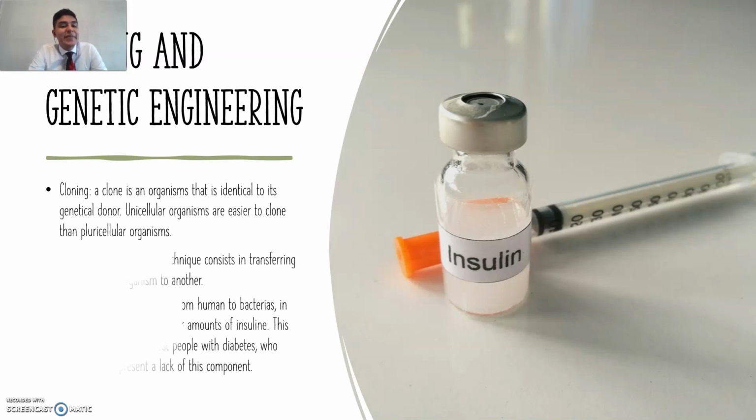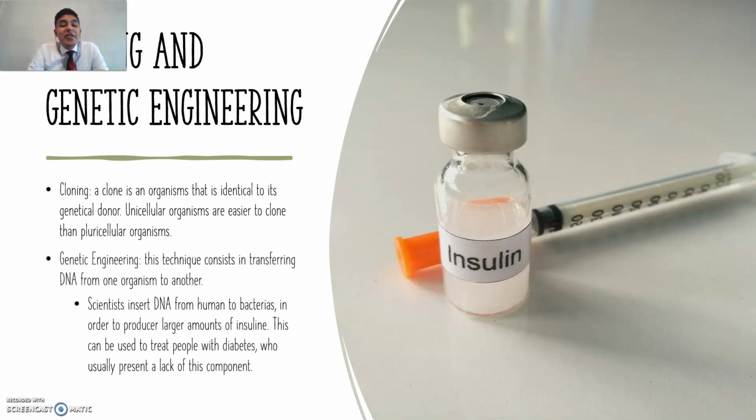Okay. We have genetic engineering, and this technique consists in transferring DNA from one organism to another. Science is so great that right now scientists can actually separate a double helix of DNA, and they can insert another codification of DNA inside.